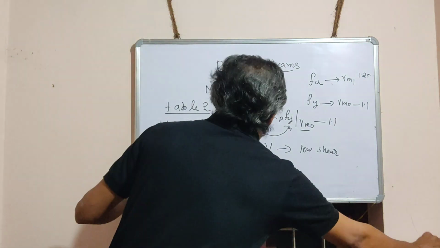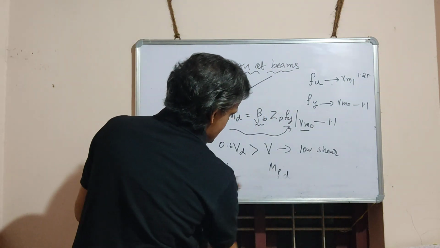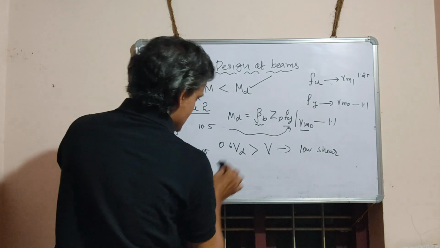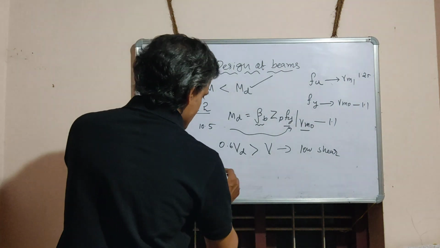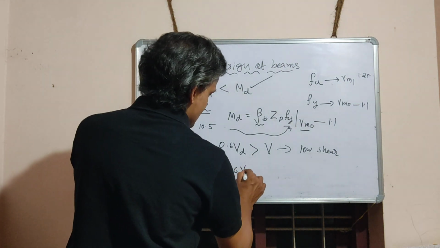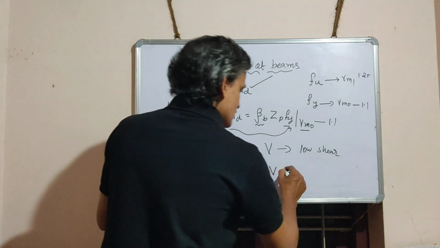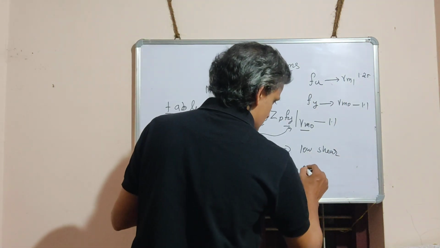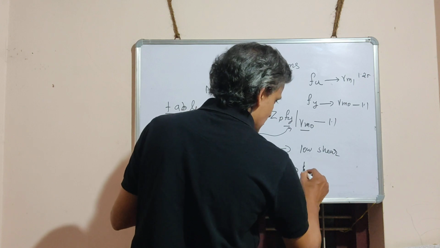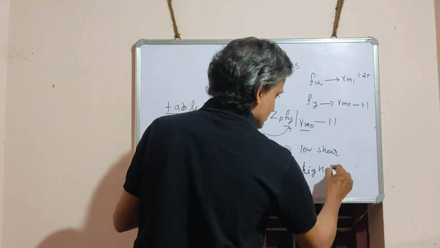If this condition is not satisfied, that is, 0.6 Vd is less than V, those beams are considered under high shear condition.